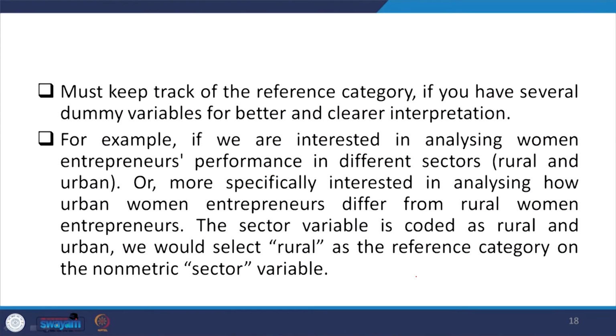We are going to discuss everything with the help of our data in our next class. In this lecture I am mentioning everything as a background to the understanding of qualitative variables. We must keep track of the reference category if you have several dummy variables, for better and clearer interpretation.